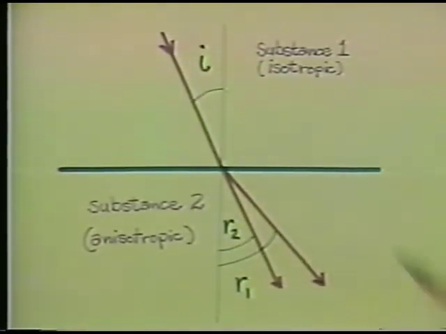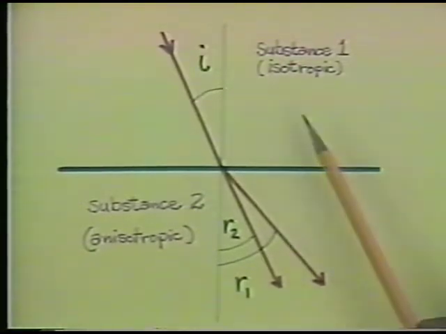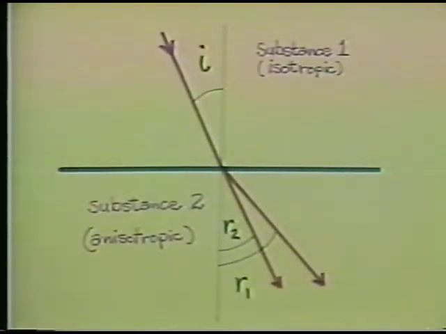And as the light ray comes to this interface, because there's a difference in the index of refraction of substance 1 and 2, of course there's bending of light and slowing of light, or speeding up of light, depending on the difference of these two. But the other difference that shows up here is that since this substance is anisotropic, there is in fact a separation of this ray into two distinct light rays.